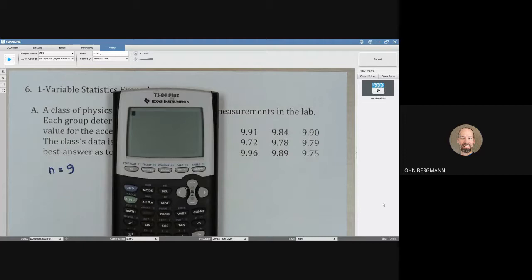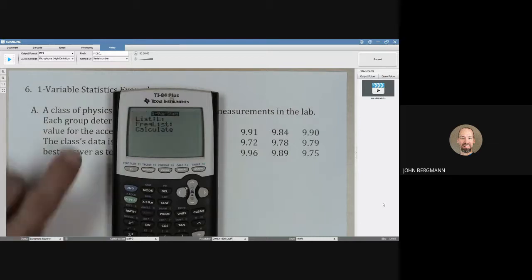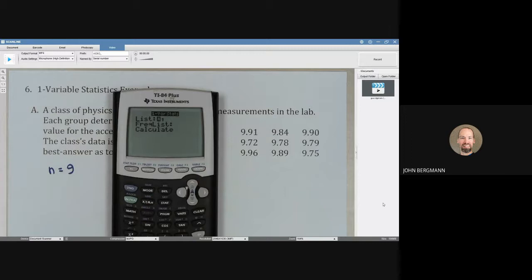Now we want to go back into stat, but now we want to calculate. So I need to toggle to the right to calculate, and there are several choices, and the one we want here is actually the first one. So I'm going to hit enter, and it's going to give me some choices. I've put my points into the first column, so it's all good. I'm just going to hit enter a few times here, and there we go.